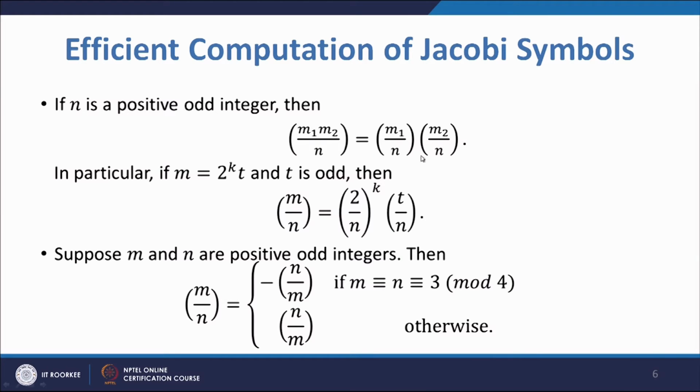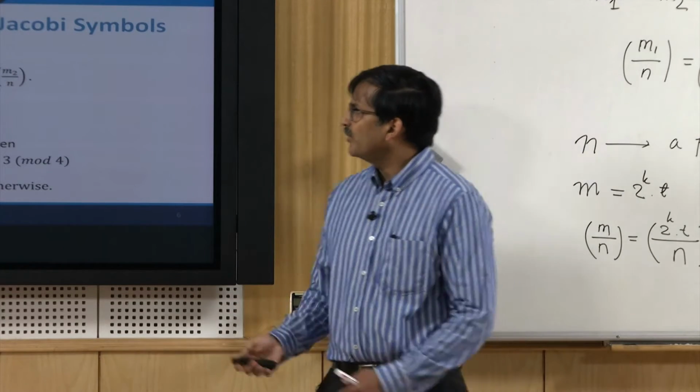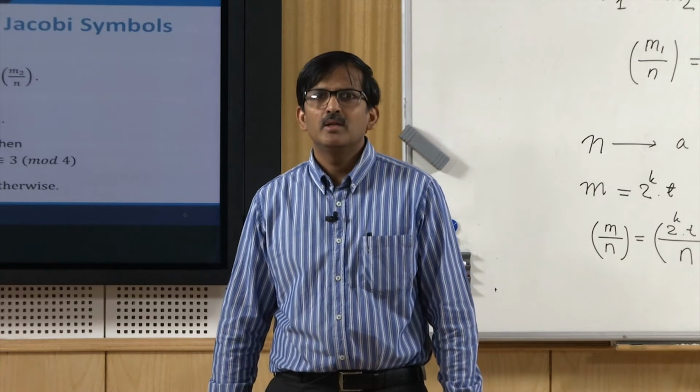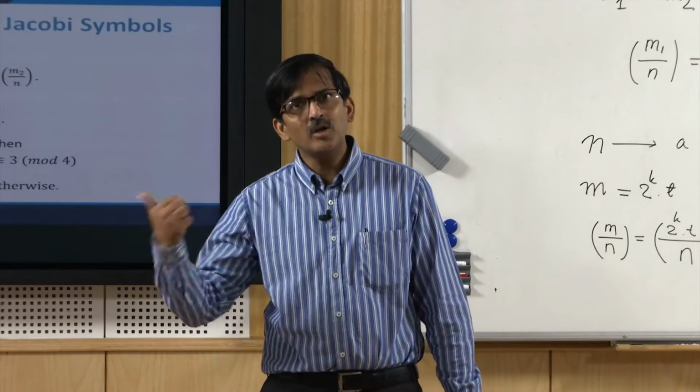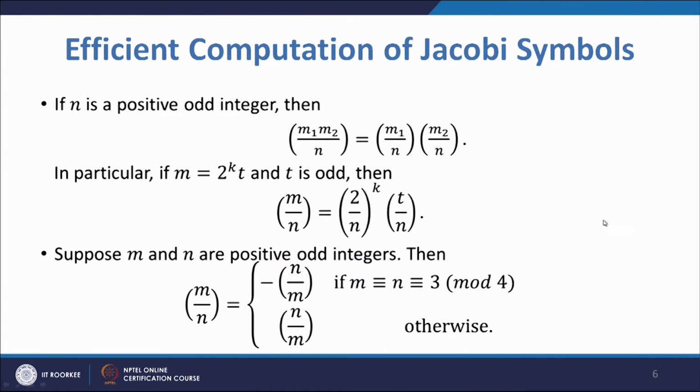You can have n as the denominator and m as the numerator of the Jacobi symbol, multiplied by a sign, and that sign is determined by whether m is congruent to n is congruent to 3 mod 4. So, here if m is congruent to n, which in turn is congruent to 3 mod 4, then this switchover will happen with a minus sign, otherwise there is no sign, it just switches over.